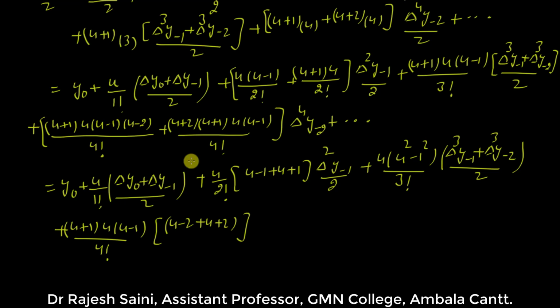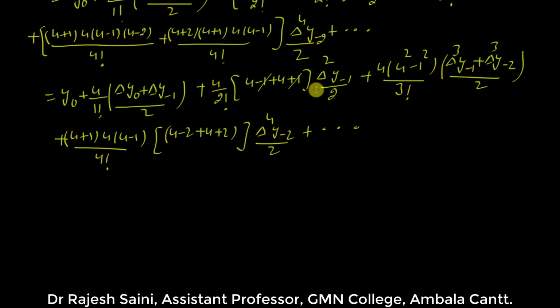Fine. And of course, here is also divided by 2. Okay, so this will be delta 4 y minus 2 by 2 up to and so on.